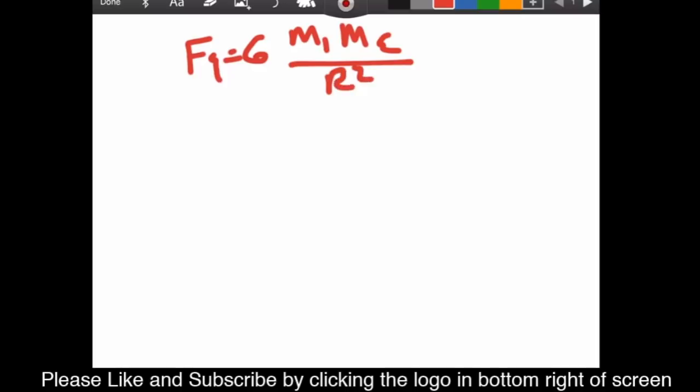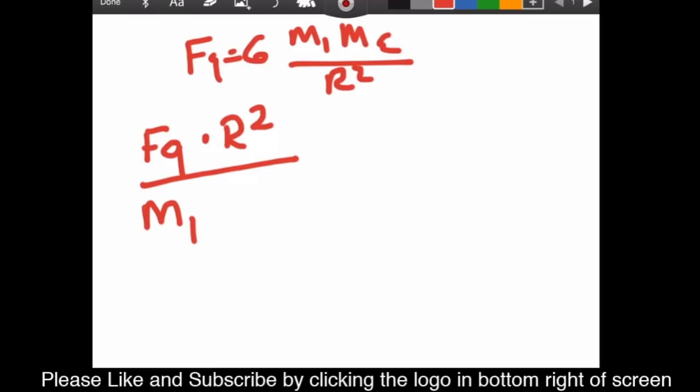So, we're going to have the force of gravity times the radius of the Earth squared, divided by mass 1 times G equals mass Earth.